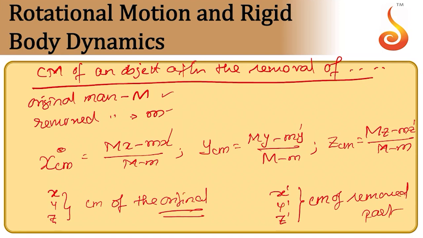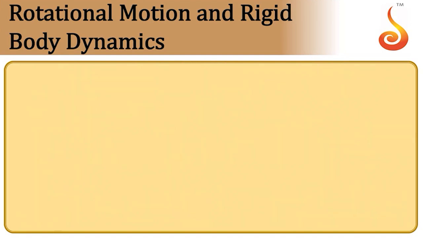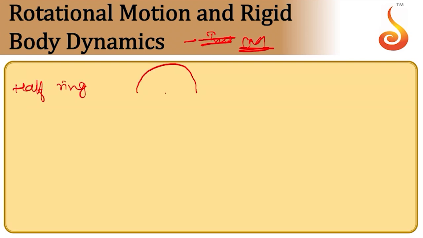Let's just recall center of mass of some important shapes. For example, half ring, something like this. Let's assume that this is x-axis and this is y-axis, this is the origin, then the center of mass is here at a height, say y, and this y is given by 2r divided by pi, r being the radius.